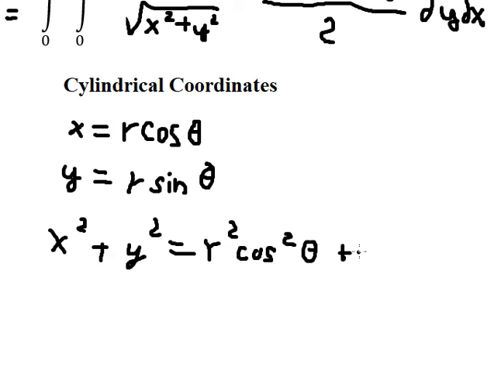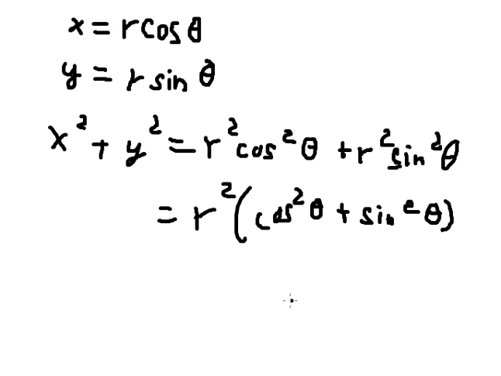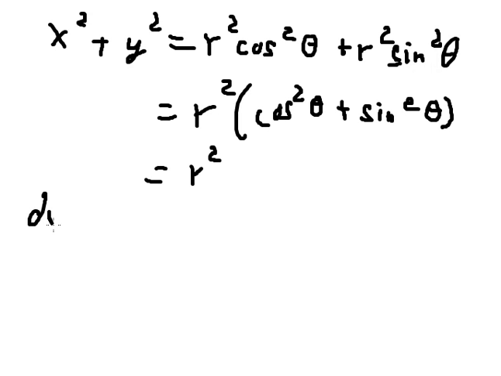So we have r squared sine theta squared. So r squared and r squared we can do about factorization. And we have cosine theta squared plus sine theta squared, and this one equals number 1. So we have r squared. dy dx we change by r dr d theta.